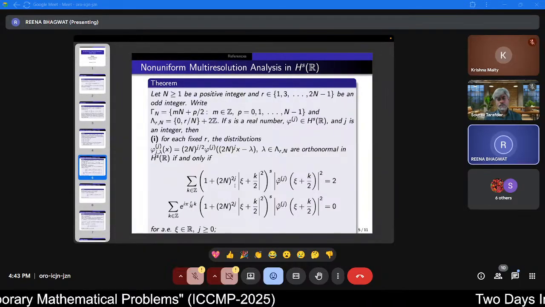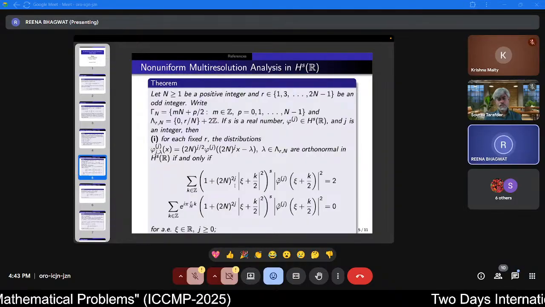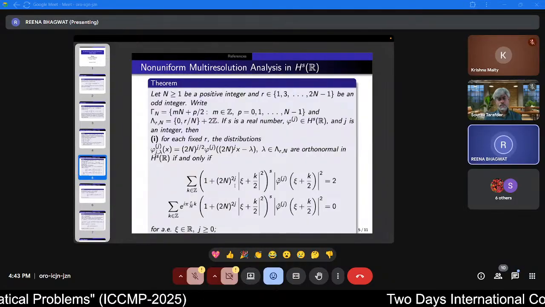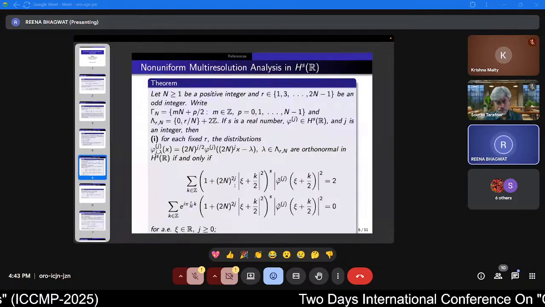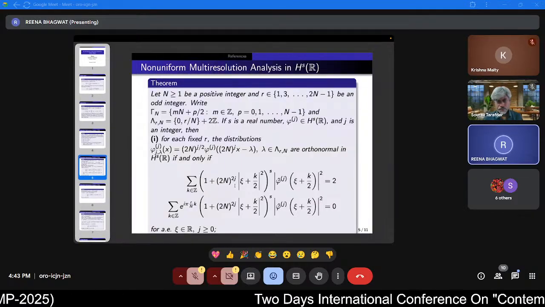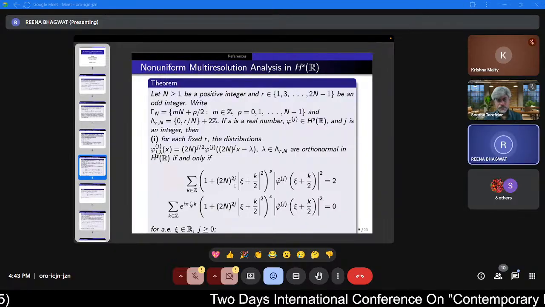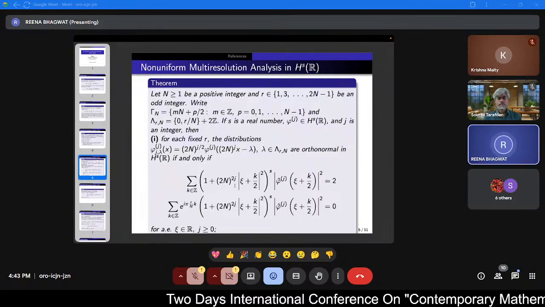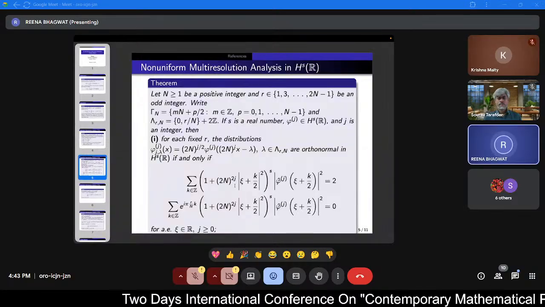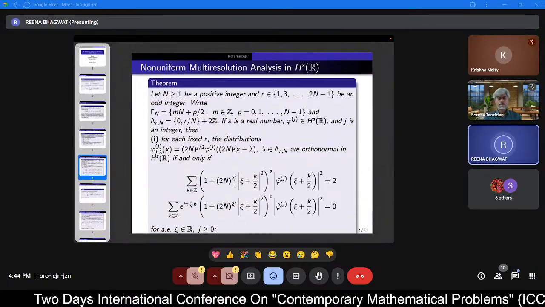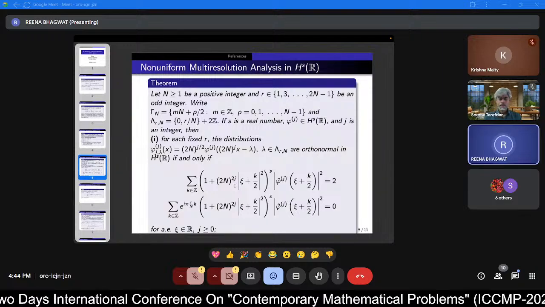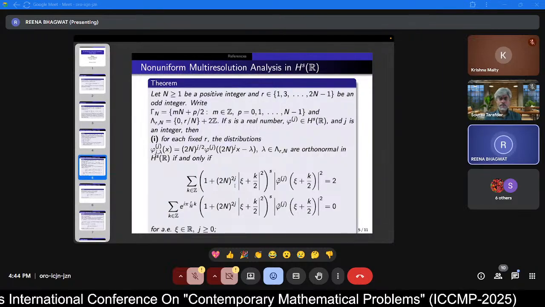If s is a real number and phi j belongs to the Sobolev space where j is an integer, then for each fixed r, this distribution is orthonormal in the Sobolev space if and only if these two conditions are satisfied. If these two conditions are satisfied, then we can say this satisfies the condition of orthonormality, and these are the if and only if conditions.